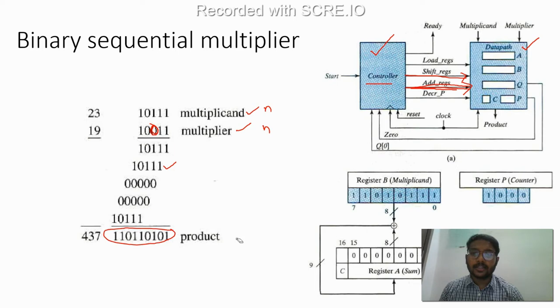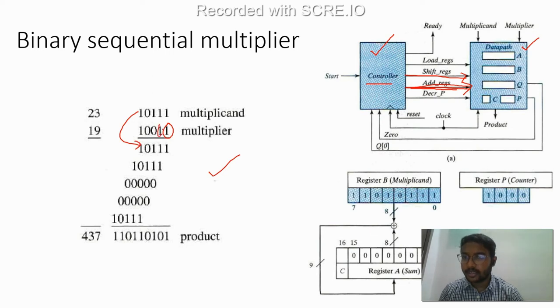Okay, so I think you all understood this part of the example. It is just the multiplication, where if the multiplier bit is 1, you just write the same multiplicand here, but one bit left shifted.